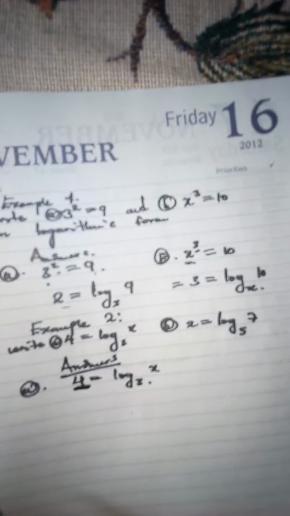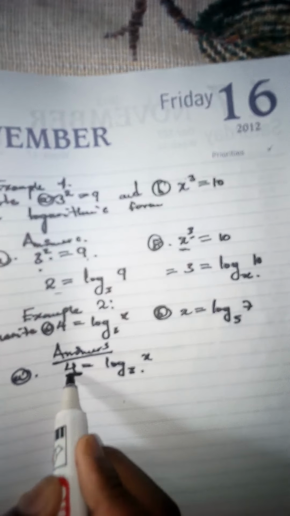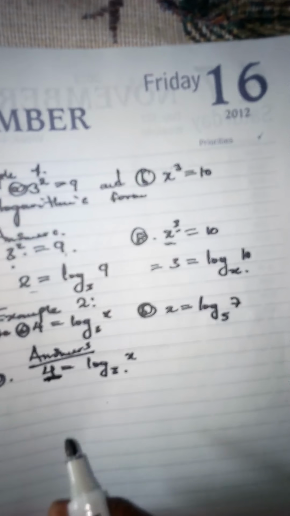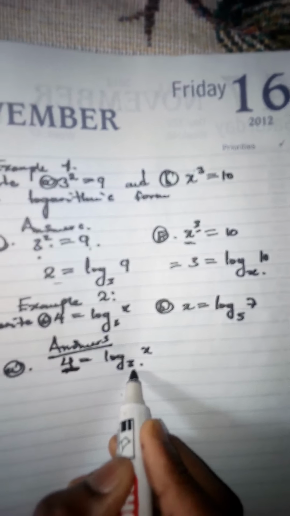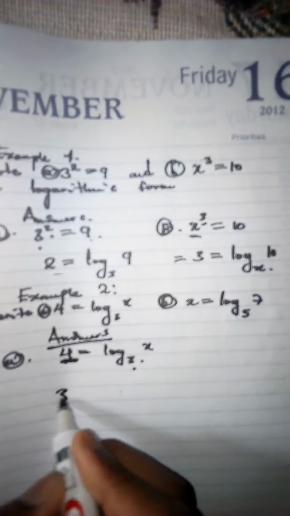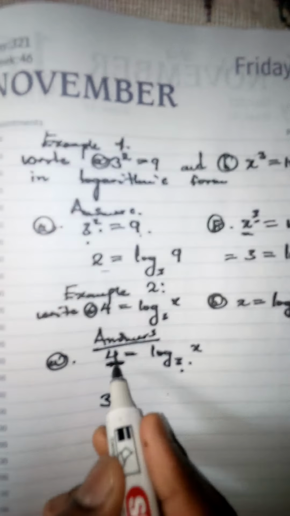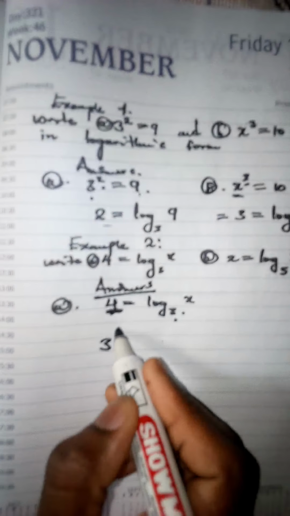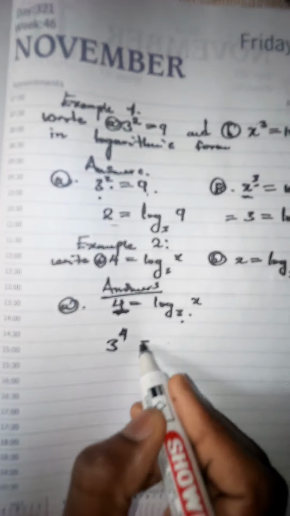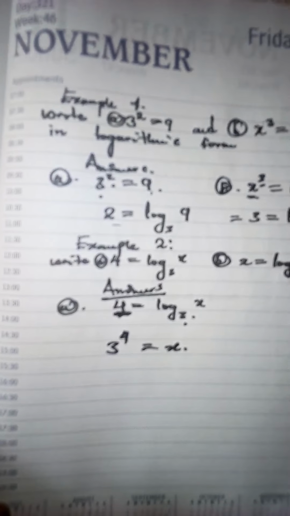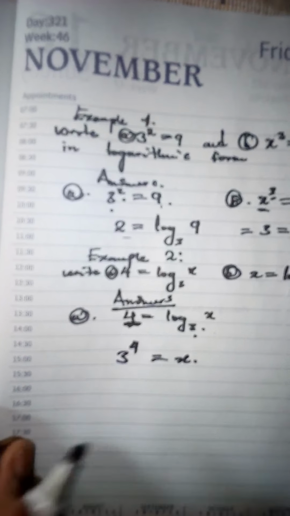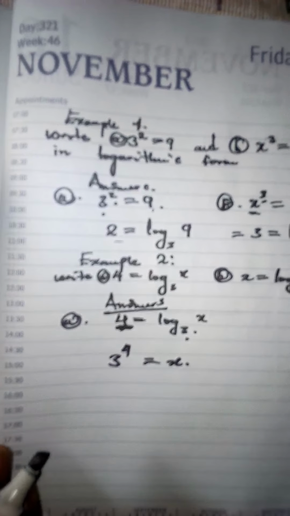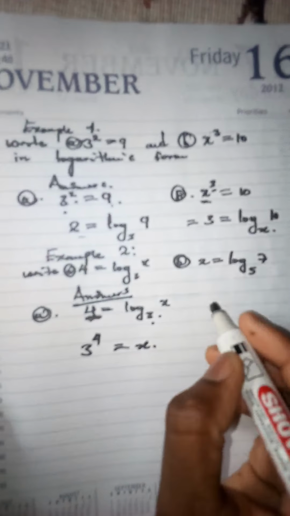So this 4 was an index, and this is the base. The base is 3, so I write my 3 as the base, and this 4 is the index, so I put 4 here. Then I equate it to x. So I've changed the logarithmic equation into exponential form.